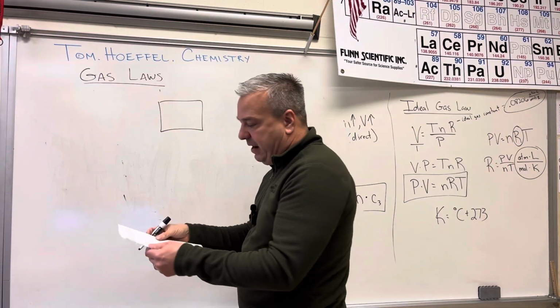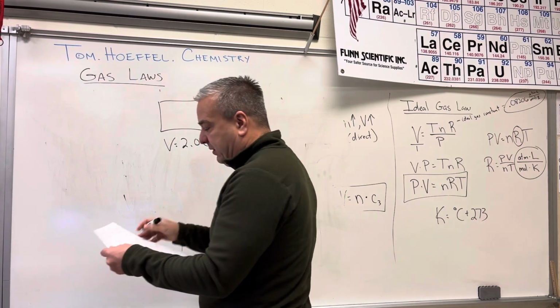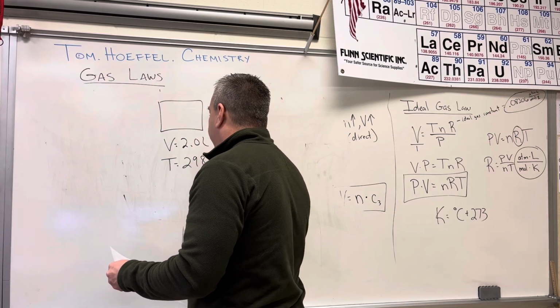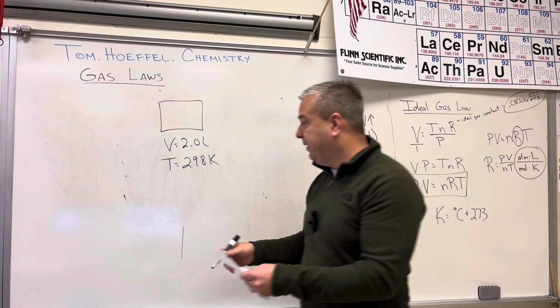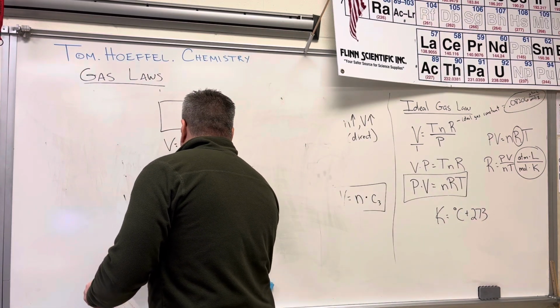So let's say I have this container that has a volume of 2 liters, a temperature equal to 298 Kelvin. And remember, if that was degrees Celsius, we would have to convert it over to Kelvin. And inside, there's 1.20 moles.